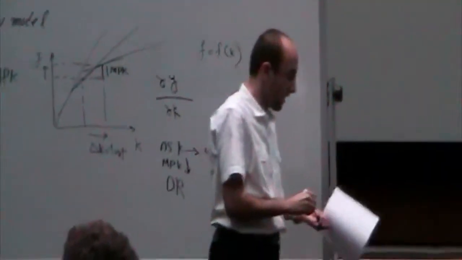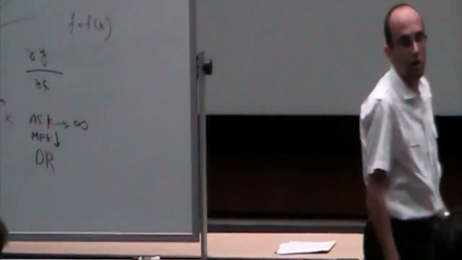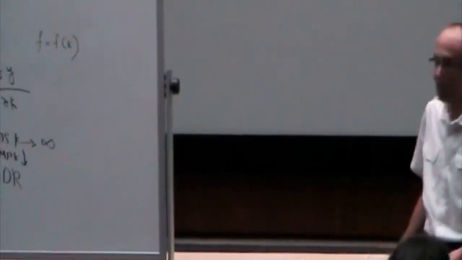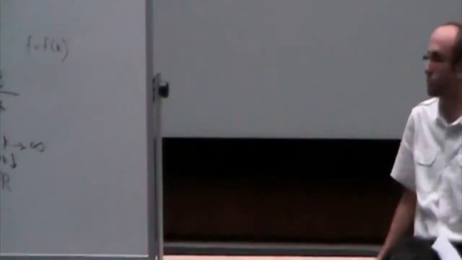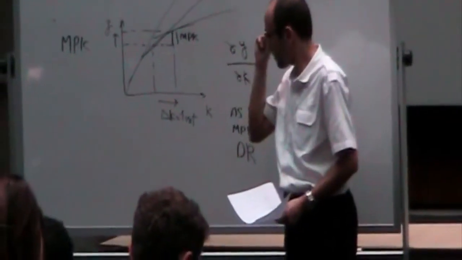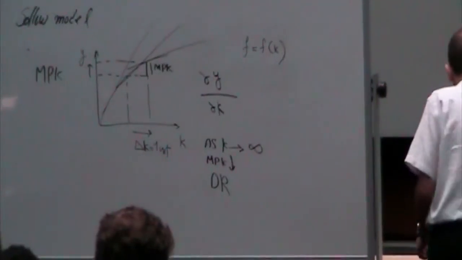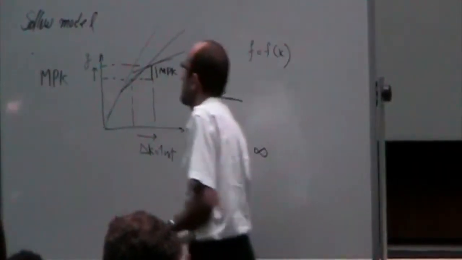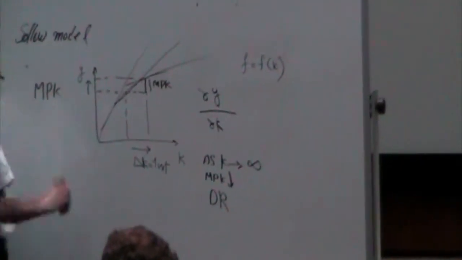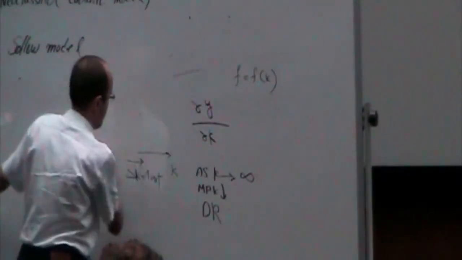It is not the case that if you just increase your capital by any amount you wish, you will definitely have a bigger output. After a certain point, which we can find mathematically, it starts going lower. Now, having this in mind, I want to tell you what the Solow Model is about. This was just refreshing your memory from math.